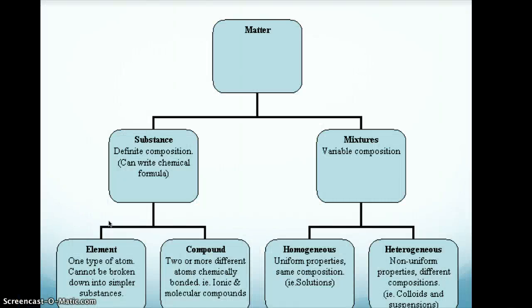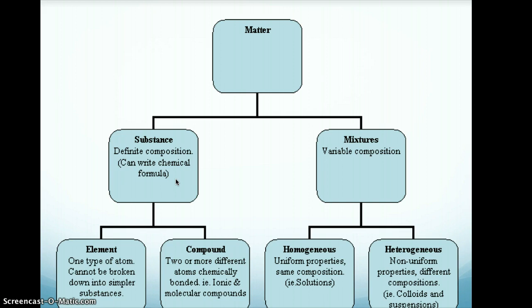Before we start, I want to remind you of the flow chart that I showed you in the last video that you should keep in mind as we're studying how to classify matter. Notice matter is up here and it can be broken down into two different types. We know that matter can be pure, which is not mixed with anything else.